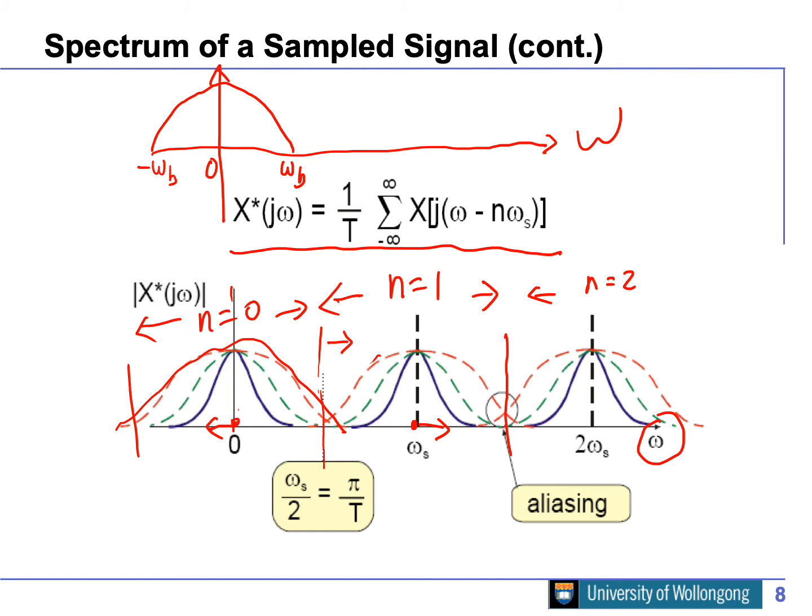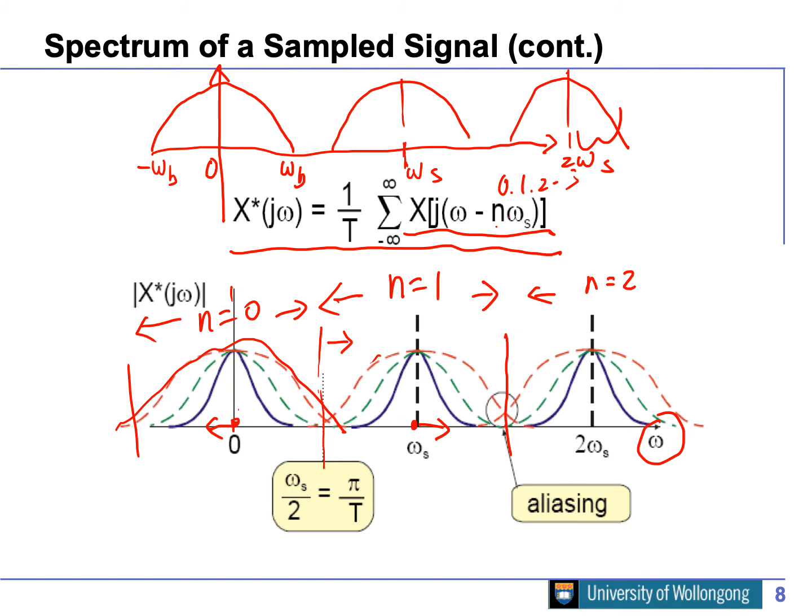If we do the sampling, every time we increase this n from 0 to 1, 2, 3, every one of these n will put an omega s on top of the original omega, which means you have another one over here. This is our omega s. Then you have another one over here. This is 2 omega s.